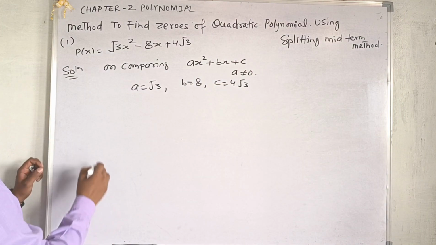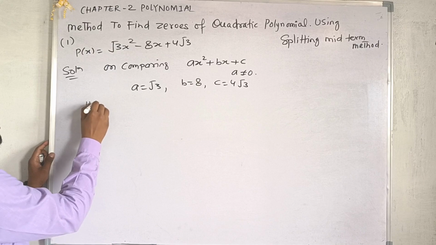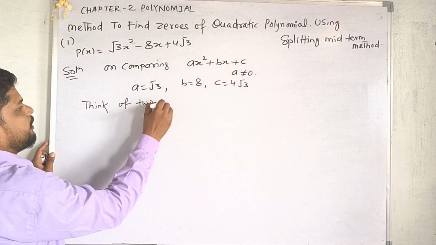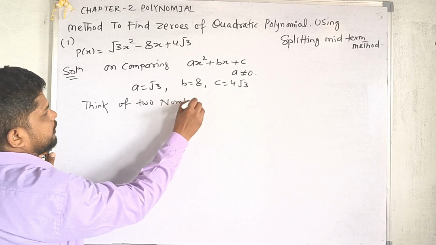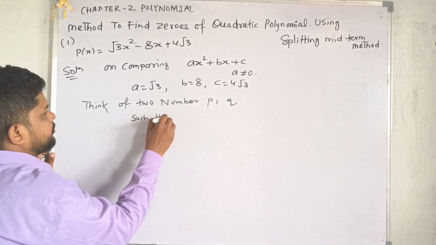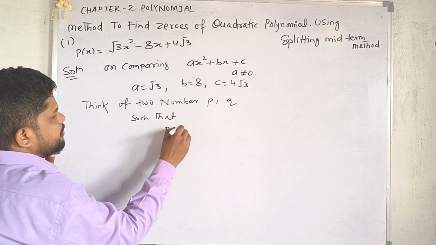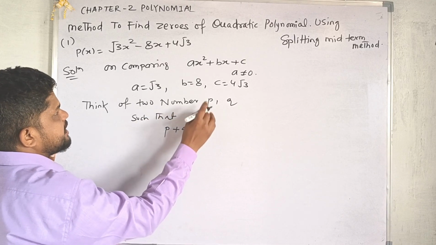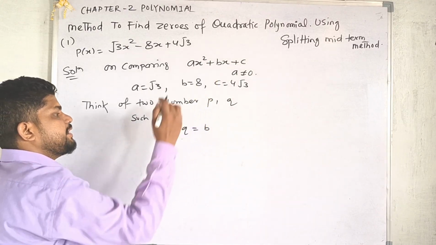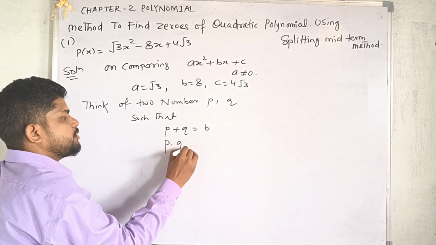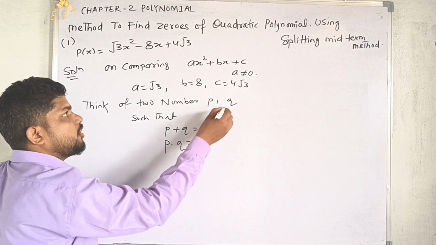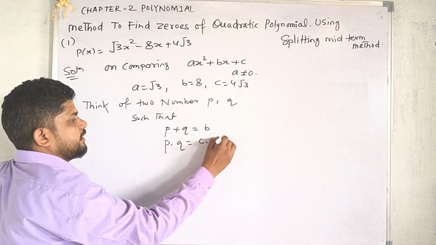Okay, so again think of two numbers p and q such that their sum is equal to the mid coefficient, that is b, and their product should be equal to the product of the constant and the coefficient of x square, that is a.